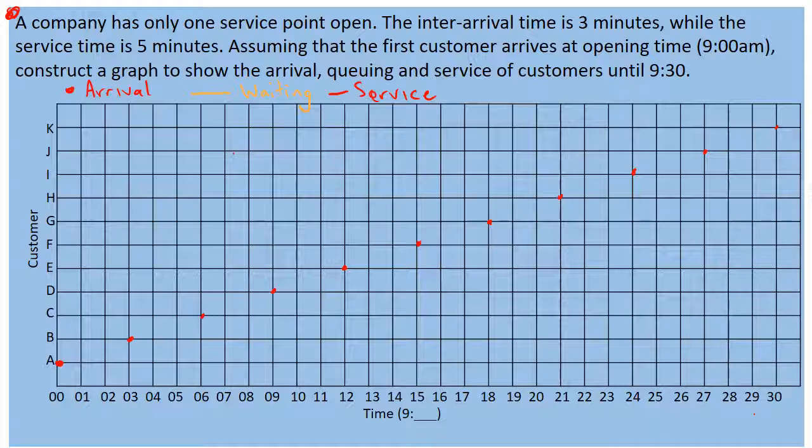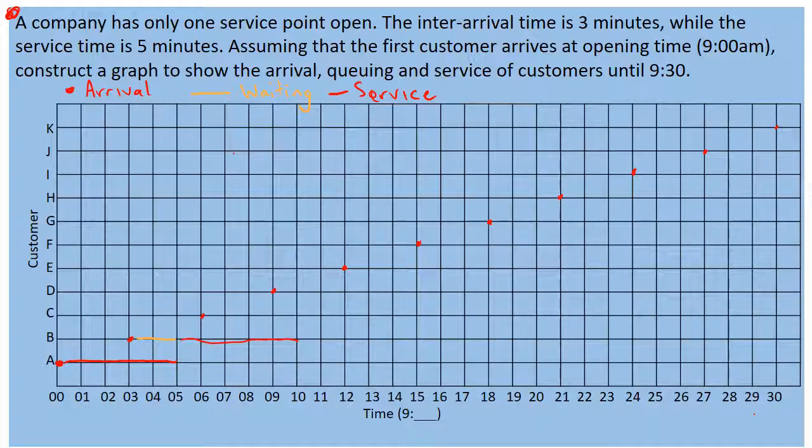Now we want to think about service and waiting time. So if I think about service time now, the first customer got served and it took them 5 minutes to get served. So I just draw that line there. Now customer B had to wait until customer A was served. So I'm going to draw a waiting line, and then I'm going to draw a 5-minute time for being served.